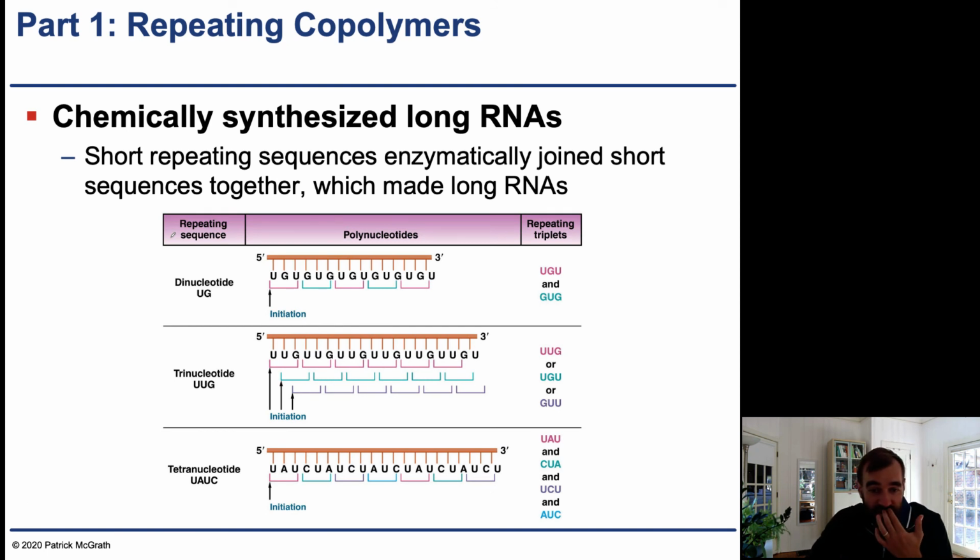So finally, researchers were also able to chemically synthesize long RNA. These are short repeating sequences that are enzymatically joined, which made long RNAs. So they were able to produce, for example, a UGU together, or they could produce a GUG. And so they're able to produce this repeating sequence of UG, UG, UG, UG.